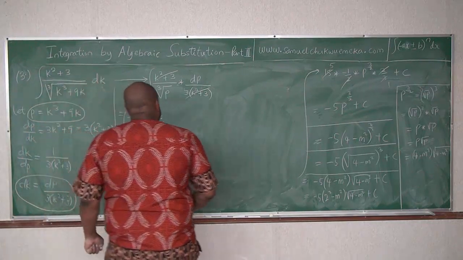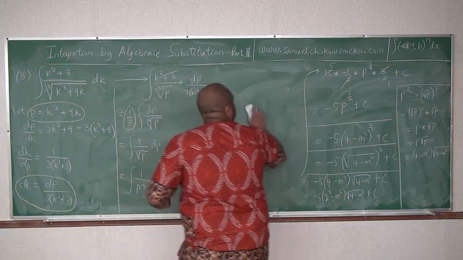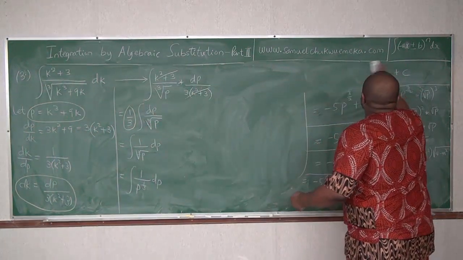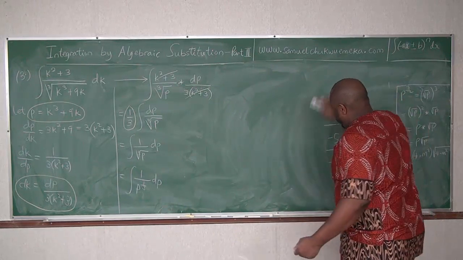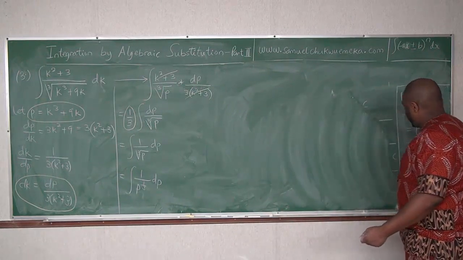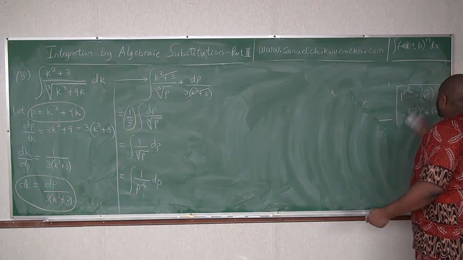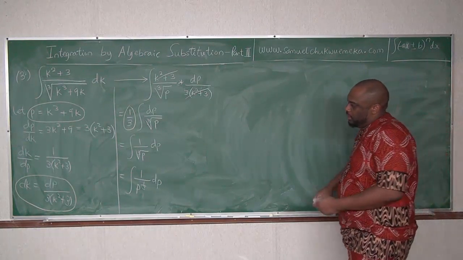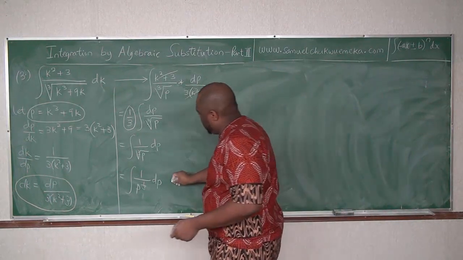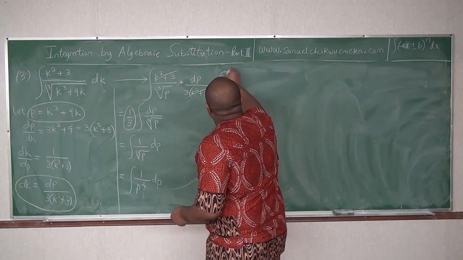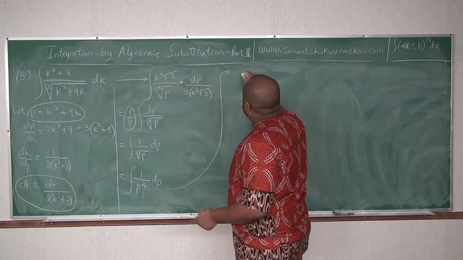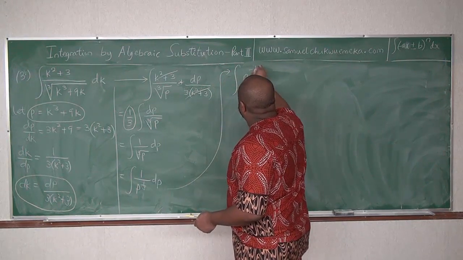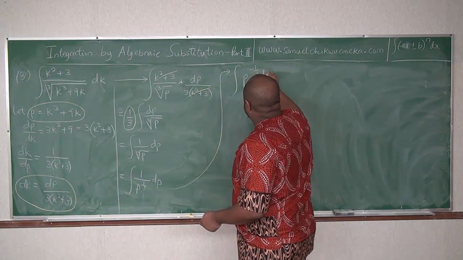So this will give us the integral of p raised to power negative 1 over 3 dp.